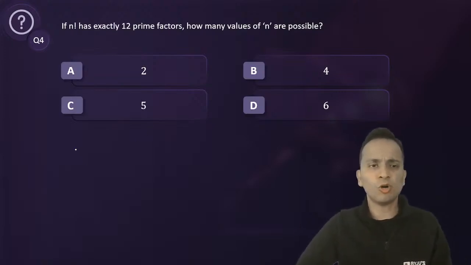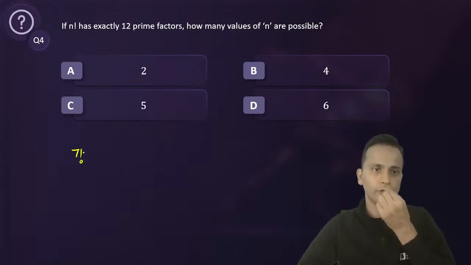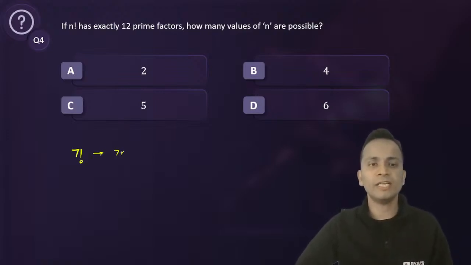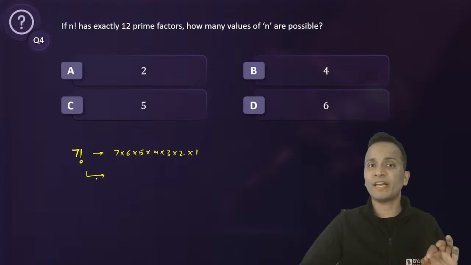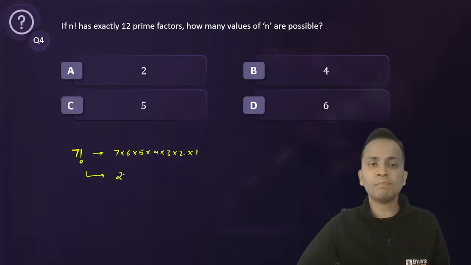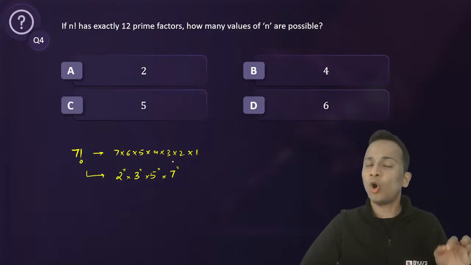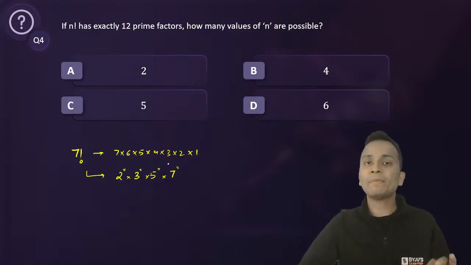So I'm starting with a very small number, 7 factorial. Okay, what does 7 factorial mean? 7 into 6 into 5 into 4 into 3 into 2 into 1. So if I do the prime factorization of 7 factorial, there will be some power of 2, some power of 3, some power of 5, and some power of 7. 7 factorial in its product will have all the prime numbers up till 7 in its prime factorization.